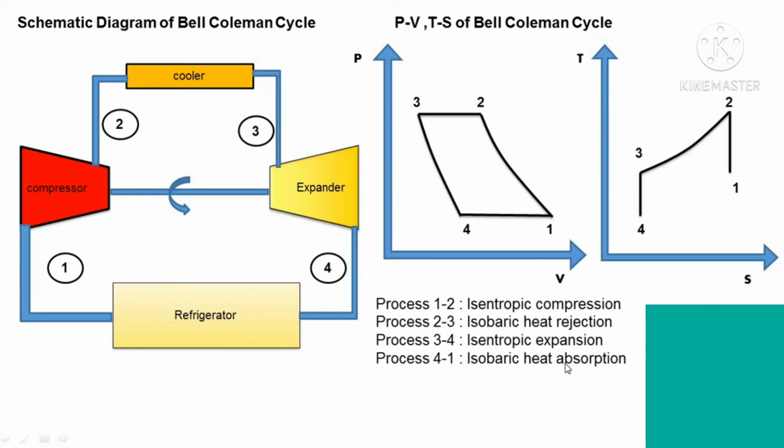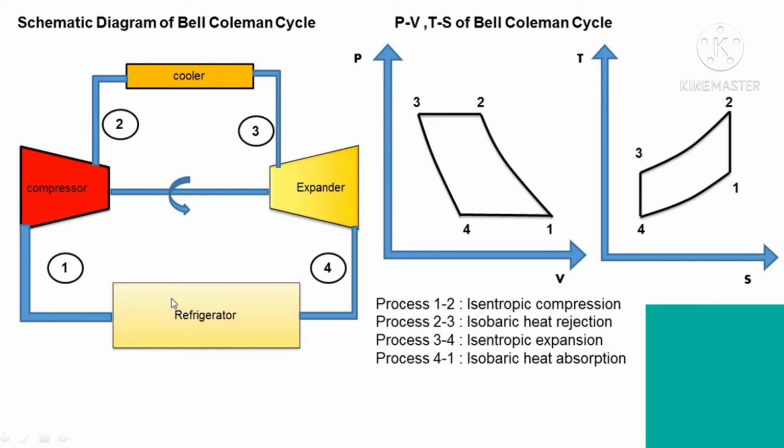Again, as the air absorbs the heat, its temperature is increased from T4 to T1, so this process comes as a curve on TS diagram. 4 to 1 is the constant pressure heat absorption. Now this high temperature air is again sucked by the compressor and this cycle goes on repeating.